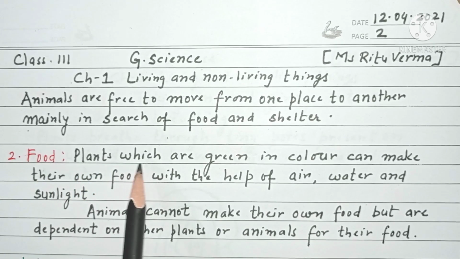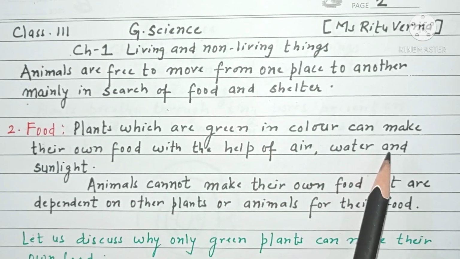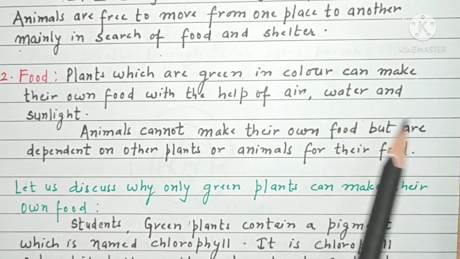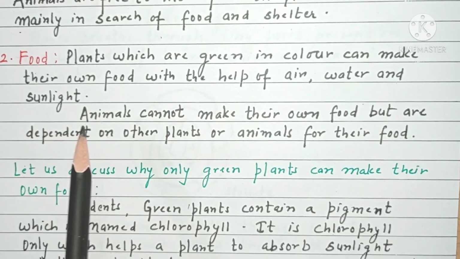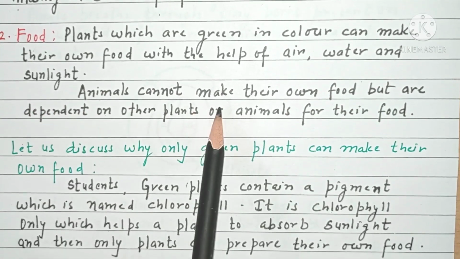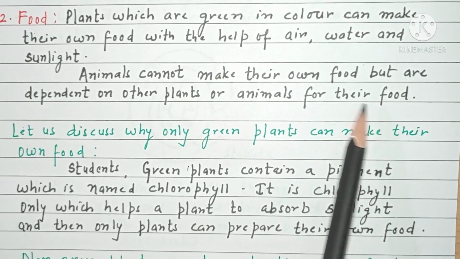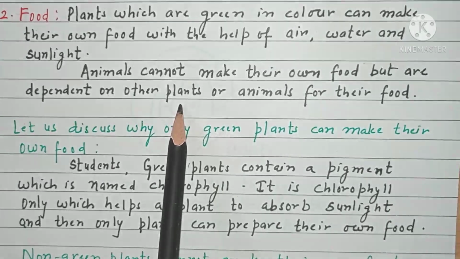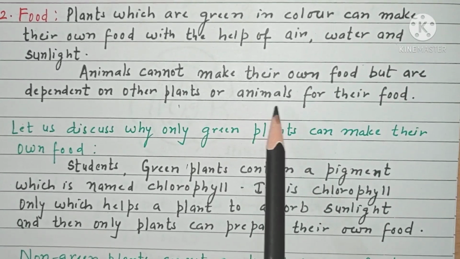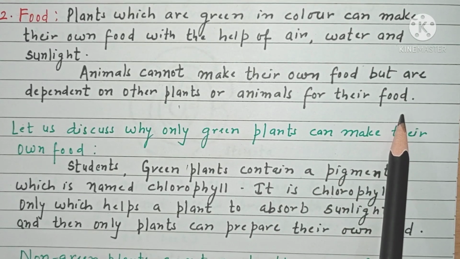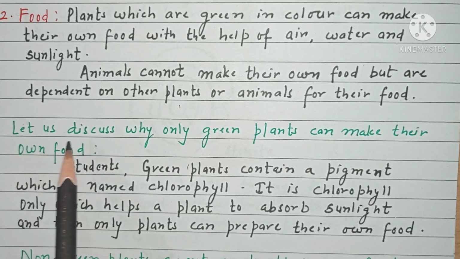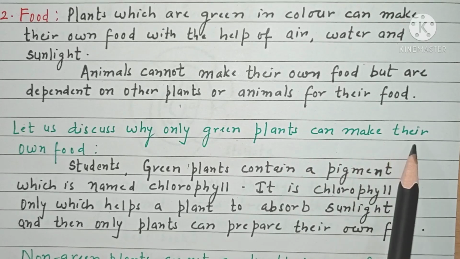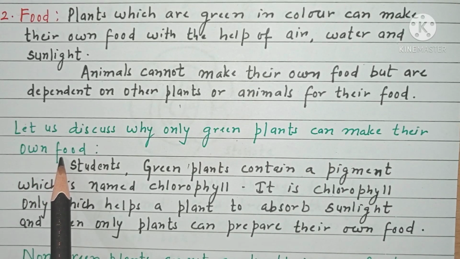Students, plants which are green in color can make their own food with the help of air, water and sunlight. Animals cannot make their own food but are dependent on other plants or animals for their food. Students, let us discuss why only green plants can make their own food.